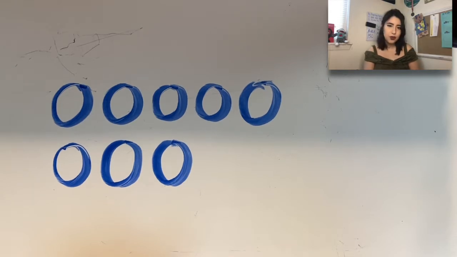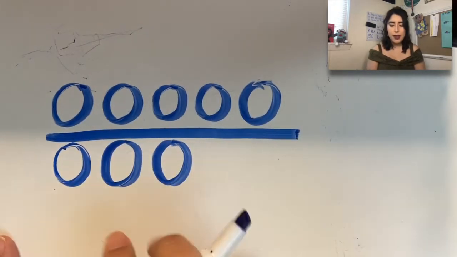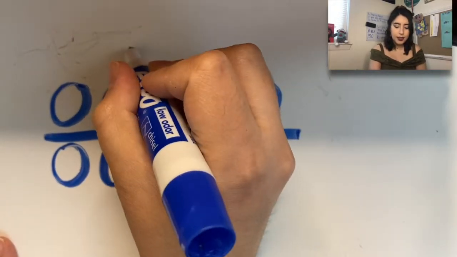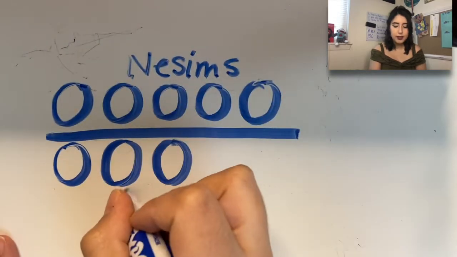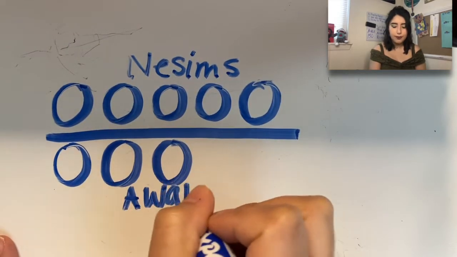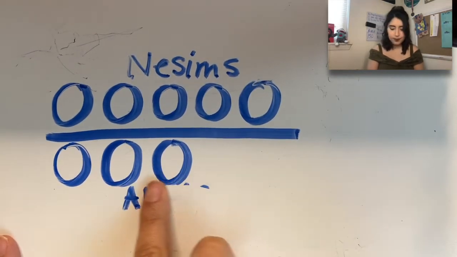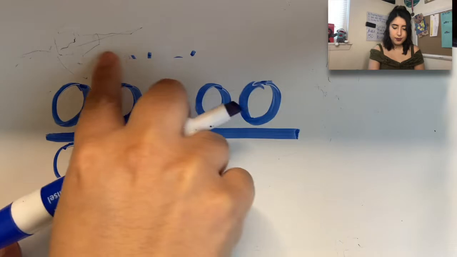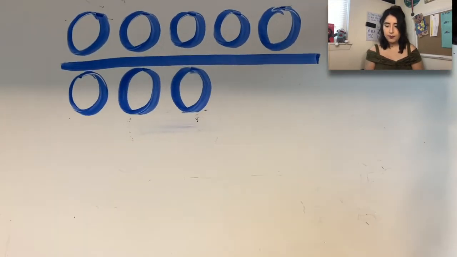I'm going to use a tool that we used in one of our lessons the other day to make sure that I know that this is Nassim's. So I drew the line, and this is Awate. Okay, I'm going to leave that there so you can see it.